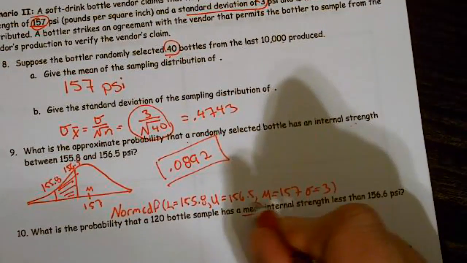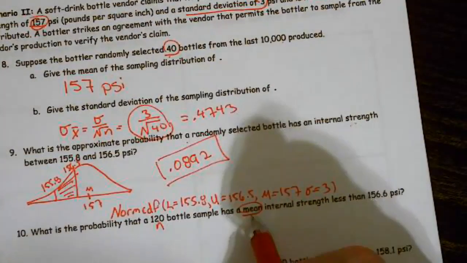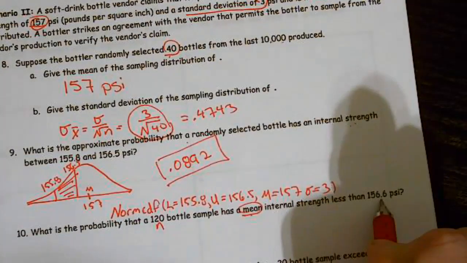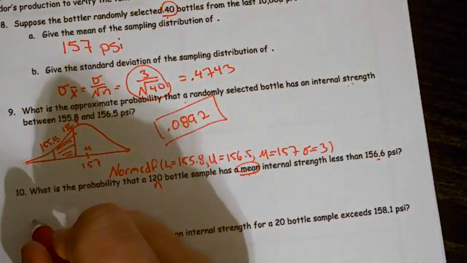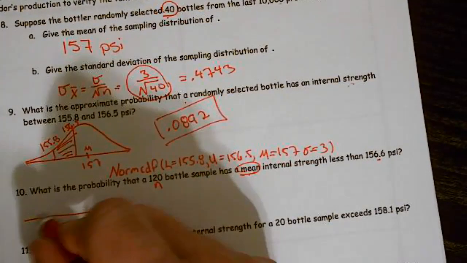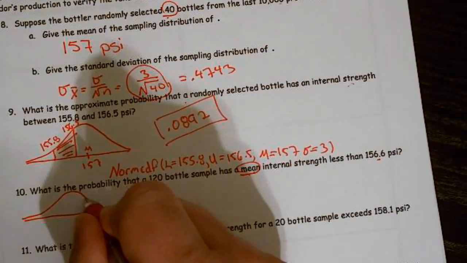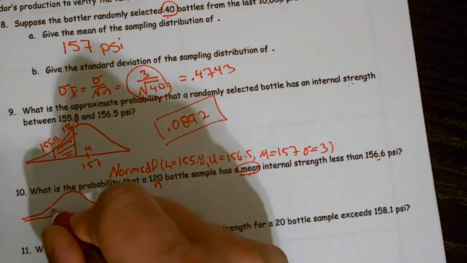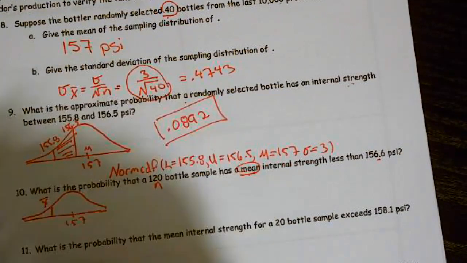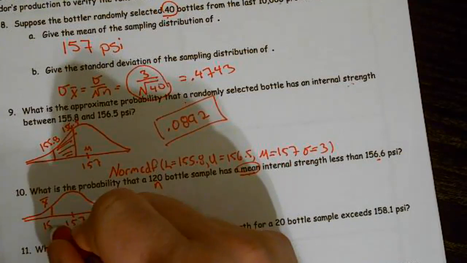What's the probability that a 120 bottle sample has a mean less than 156.6? So we have a sample size that's different than 1, and as soon as we have a mean, we know we're looking for a z-test. The data is centered on 157, and we're looking for an X bar of less than 156.6.